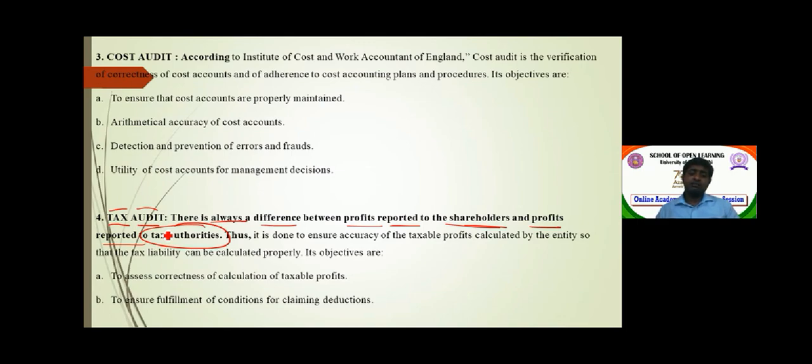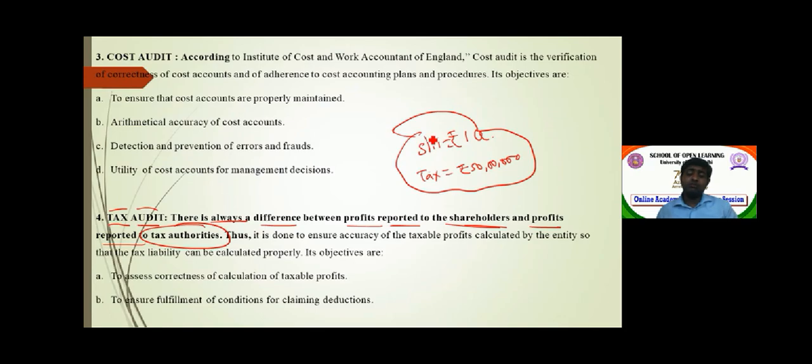For example, shareholders have been informed that we have earned a profit of rupees 1 crore, and the tax authorities have been informed that we have earned 50 lakh rupees of profit only. That means there are always two different figures of profit. One is for shareholders, one is for tax authorities.